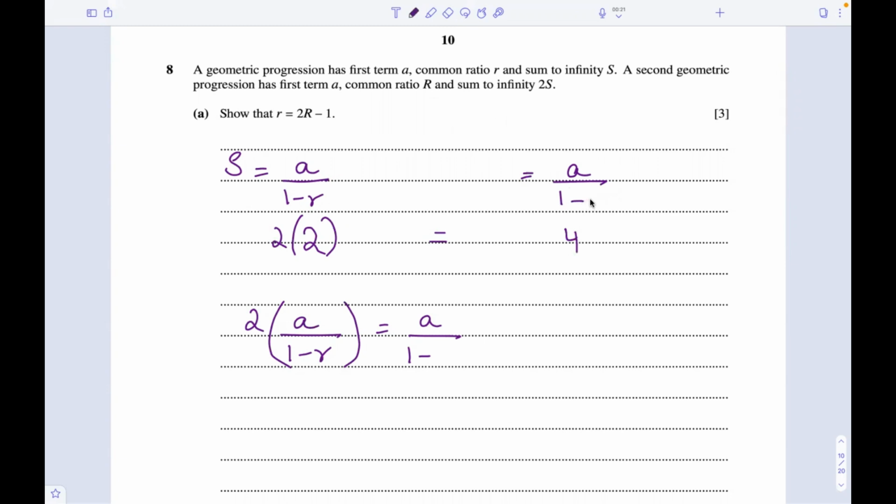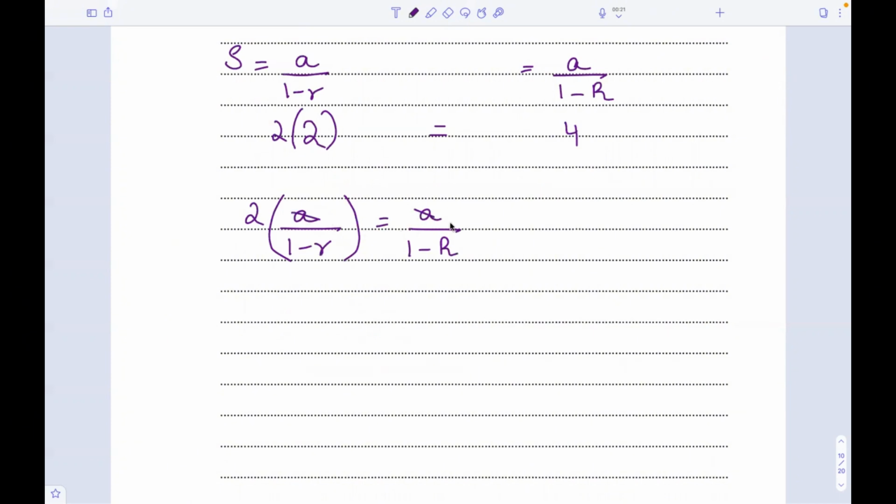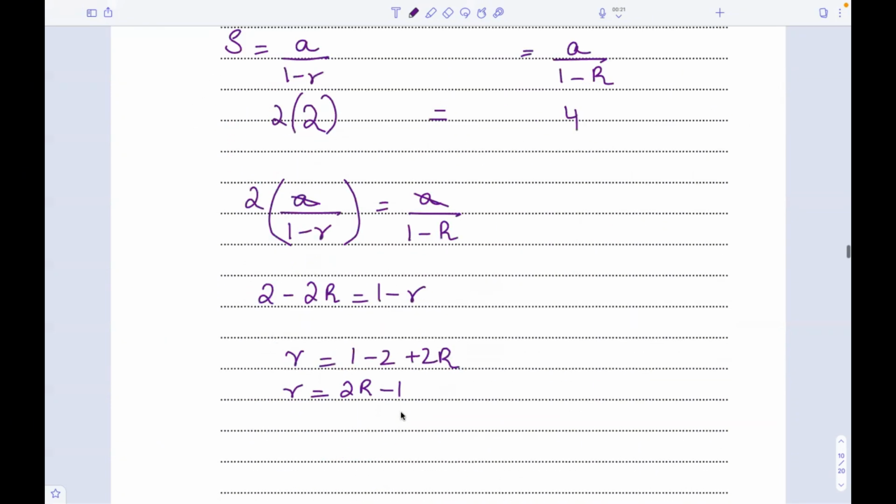This should be a capital R, 1 minus R. So this will become A upon 1 minus R. So A and A will cancel out. Now cross multiplying, I have 2 minus 2r equals 1 minus R. So making small r the subject, we get r equals 1 minus 2 plus 2R. So r equals 2R minus 1. So the first part is done.